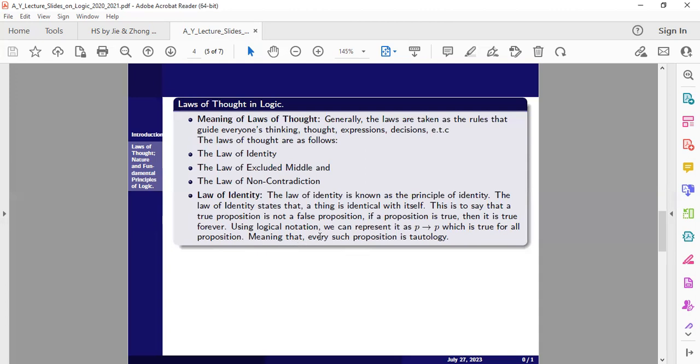So using logical notation, we can represent it as P implies P or Q implies Q, which is true for all propositions, meaning that every such proposition is called a tautology. So if you have Q implies Q or P implies P, that statement is what is called a tautology.